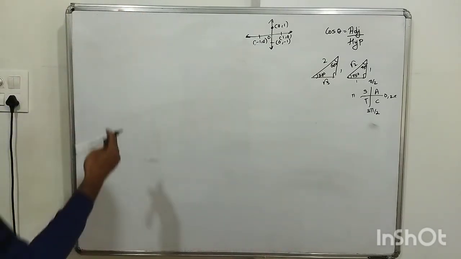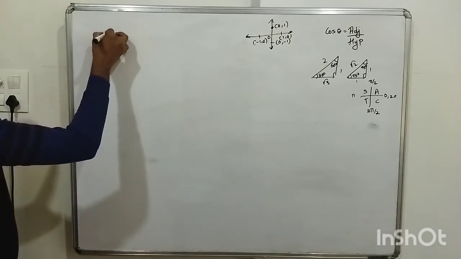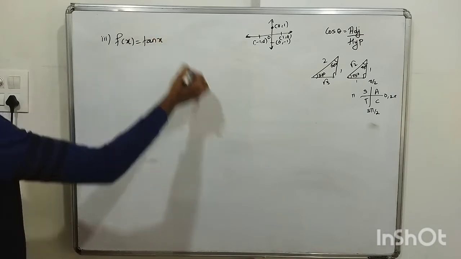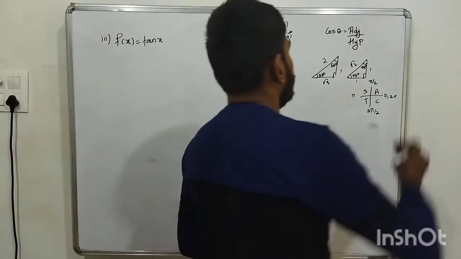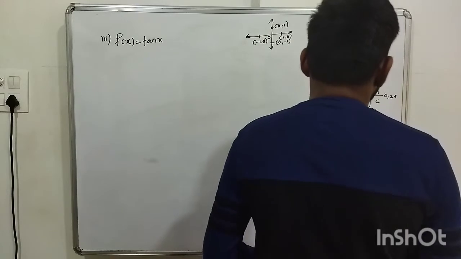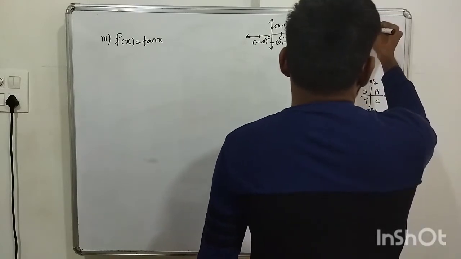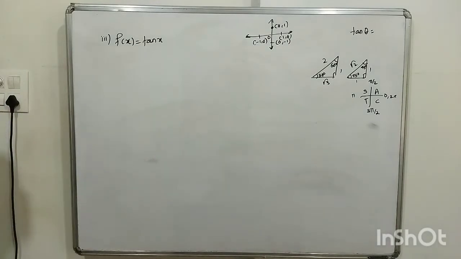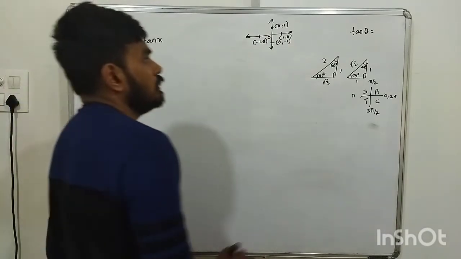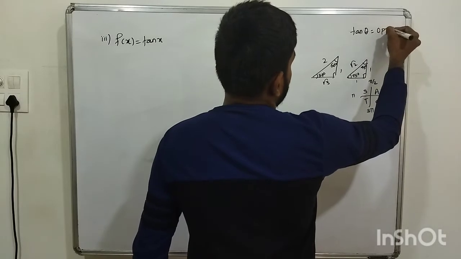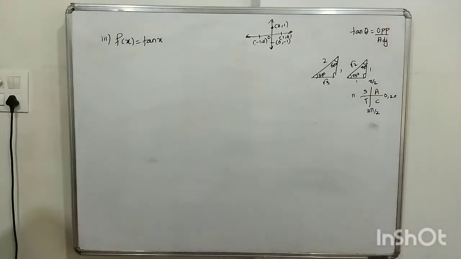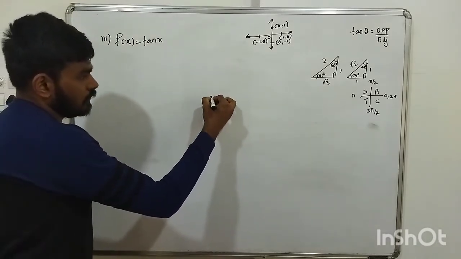Third, f of x is equal to tan x or y is equal to tan x. So here, what will be tan theta? Tan theta is opposite upon adjacent. So you all know, opposite upon adjacent. Now we try to draw the graph of that.